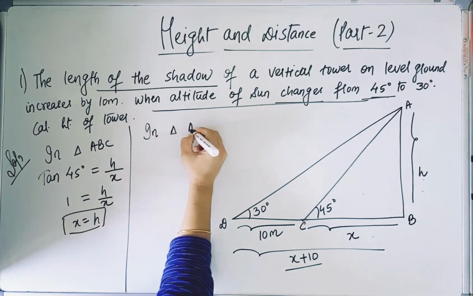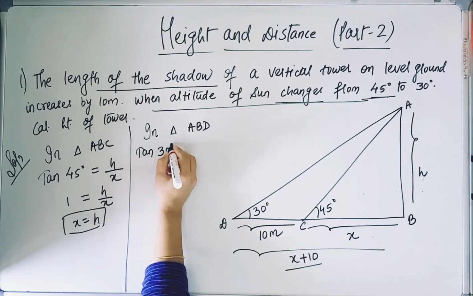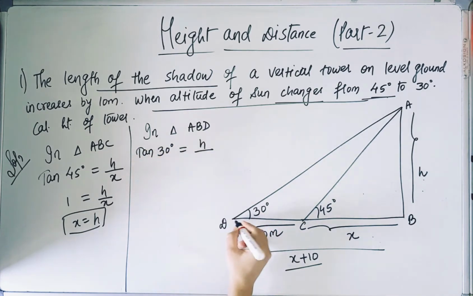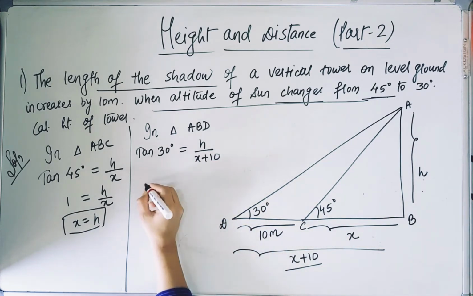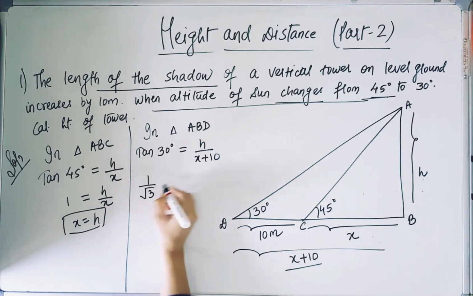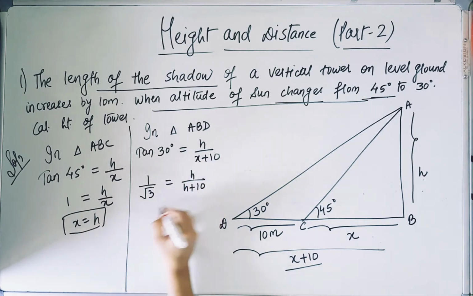In triangle ABD, again tan 30 degree is h by BD. So BD is x plus 10. H is 1 by root 3. So in place of x, I'll put h plus 10. Thus h plus 10 is equals to root 3h.